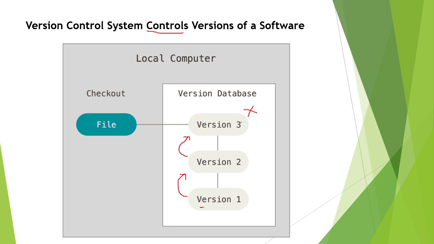So, if there is any mistake, we can revert back all the changes and go to version 2. In the same way, we can also revert back from version 2 to version 1. So it solves a very big problem for us. So this is the basic work and help of a version control software system.